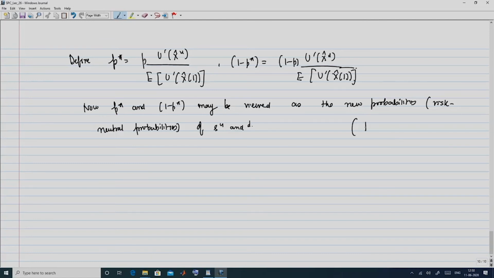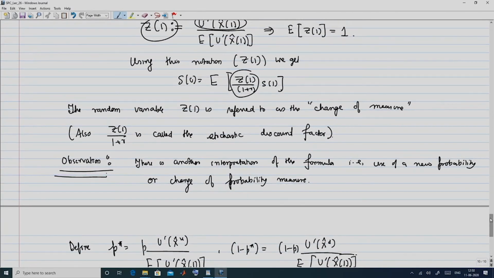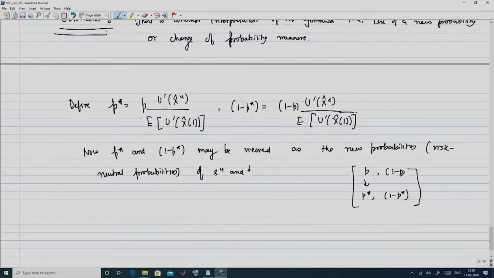So, remember that earlier we had the probability p and 1 minus p, and this will now be changed to p star and 1 minus p star. Since this is a change of the probability measure, that is the reason why we had referred to Z1 as change of measure.